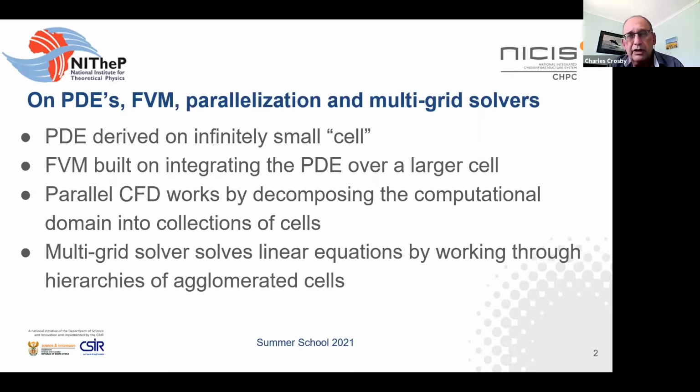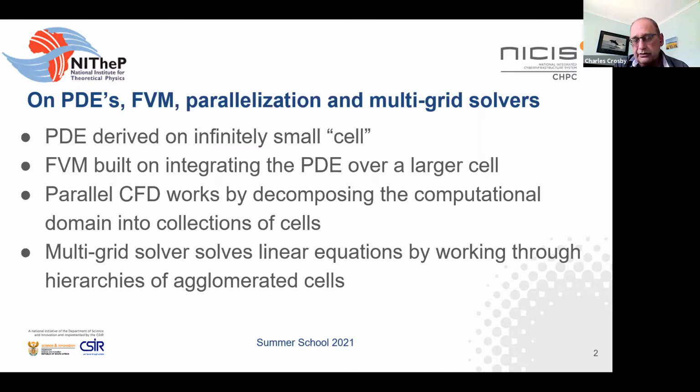Now, the same thing applies when you're doing a parallel solution of a single large unstructured mesh. You decompose it first into the number of computers or computer processes that you're going to be solving it on. And each process takes a collection of these cells, does the solution on that, and at the end of the iteration, exchanges boundary conditions with the other partitions.